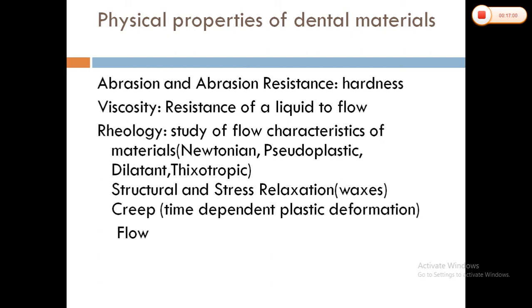For example, if you give a metallic crown or a ceramic crown, which is much harder than the opposing natural tooth, it tends to wear or abrade the opposing natural tooth. This is called abrasion.